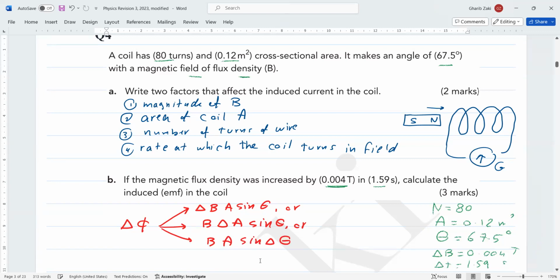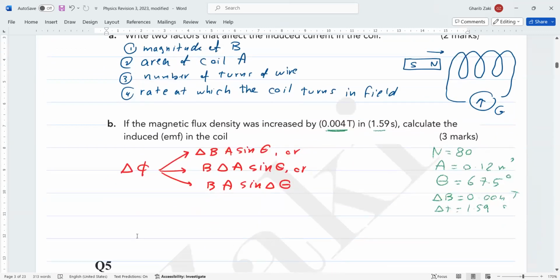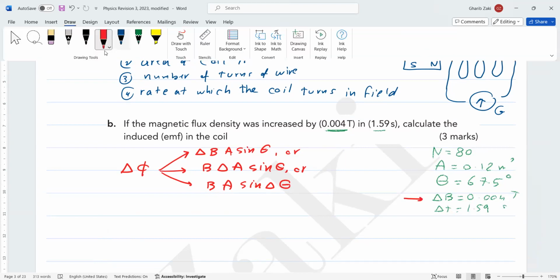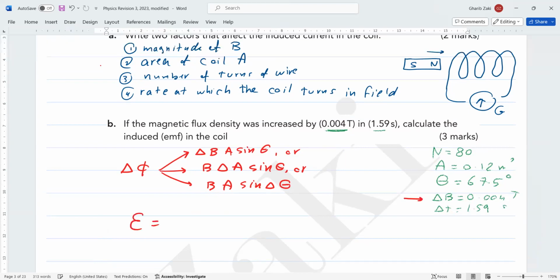So if any change happens in those 3 things, EMF will be induced. Now, we have here a change in what? In magnetic flux density. What is the formula of E induced? We can use the absolute value or not, no problem, but it will be positive. So it's N delta phi by delta T. We need the magnitude.